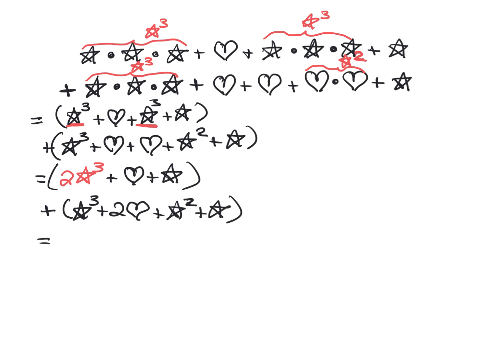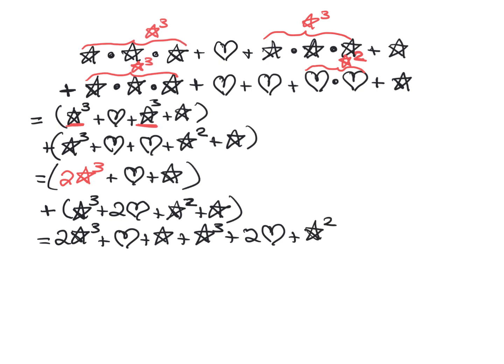Okay, now I'm finally going to add them because I've done as much simplification as I can, I think. So I get 2 star cubed plus heart plus star plus star cubed plus 2 heart plus star squared plus star. Now let's put the things that look alike together.